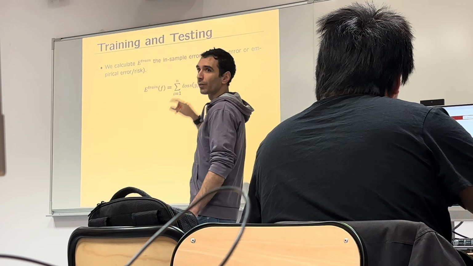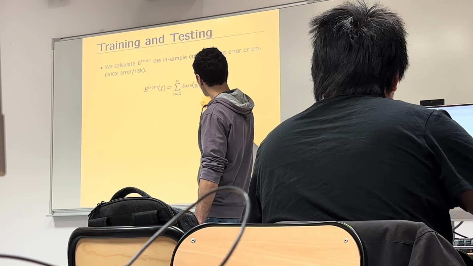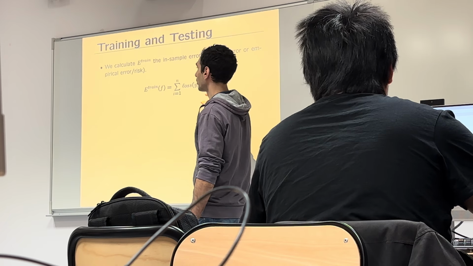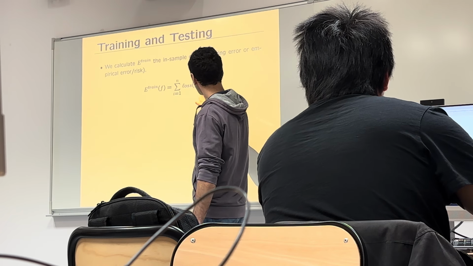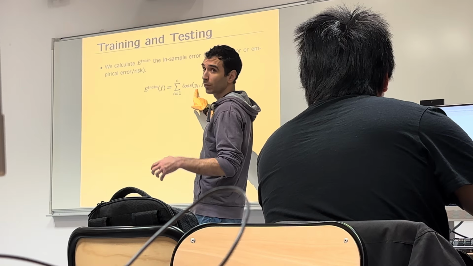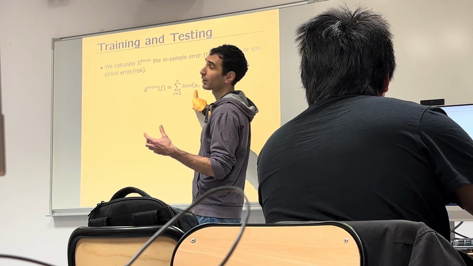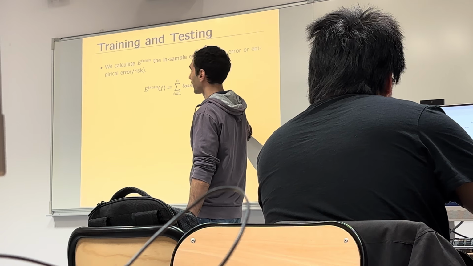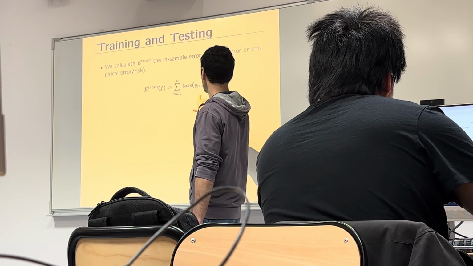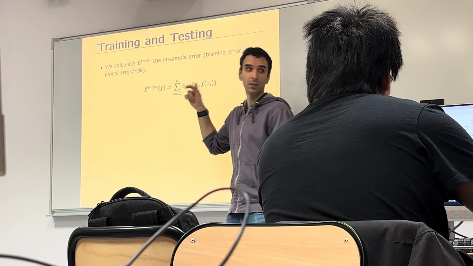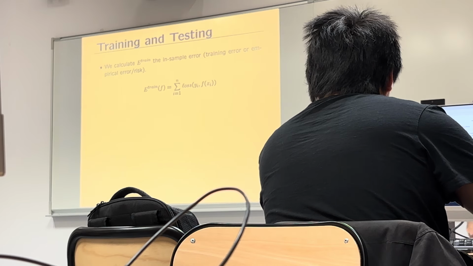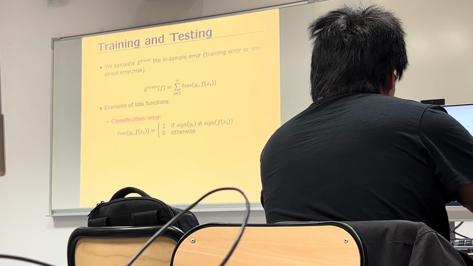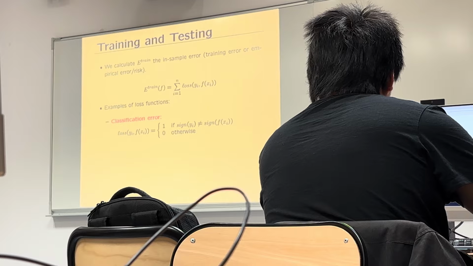This calculates the difference, or something related to the difference, between the actual y value, because it's a supervised algorithm and you give the y value, and the f of x value, so a prediction. You calculate an error between the actual value and the predicted value on what we call the train set.